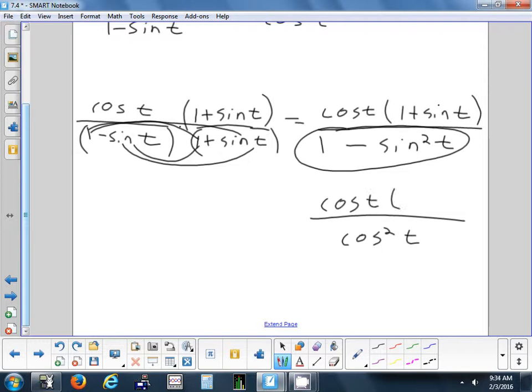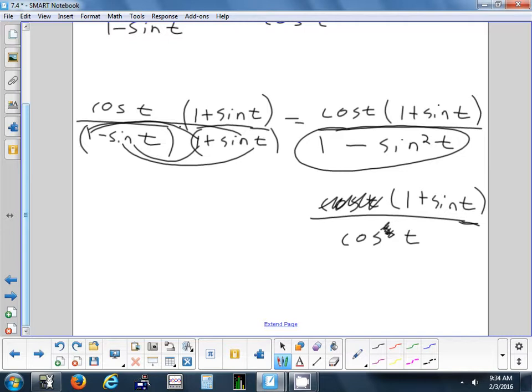In the top I have a cosine. What do the top and the bottom both have in common? Cosine. How many in the bottom? 2. How about in the top? 1. So you can cancel 1 from everywhere. 1 from here. And look at what just happened. What I was hoping canceled out did.